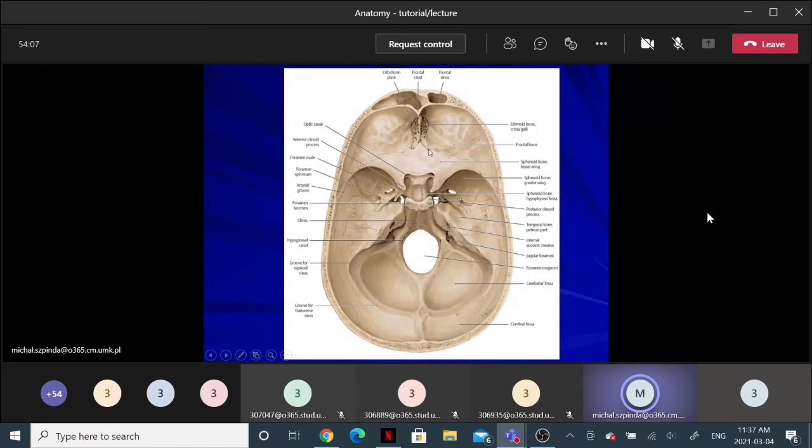And posteriorly, at the posterolateral angle of the cribriform plate, is the posterior ethmoidal foramen.